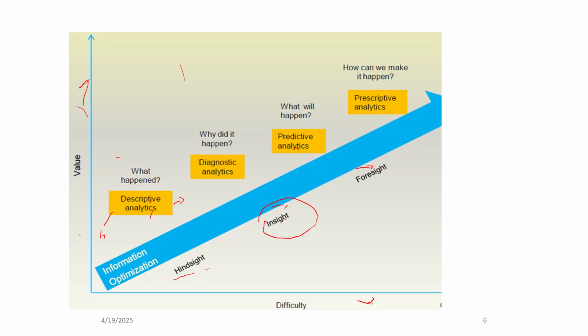This is why we call it prescriptive analytics. That is, how can we make something happen? How can we make a desired scenario come to reality? So those are the four major types of analytics that we often encounter.